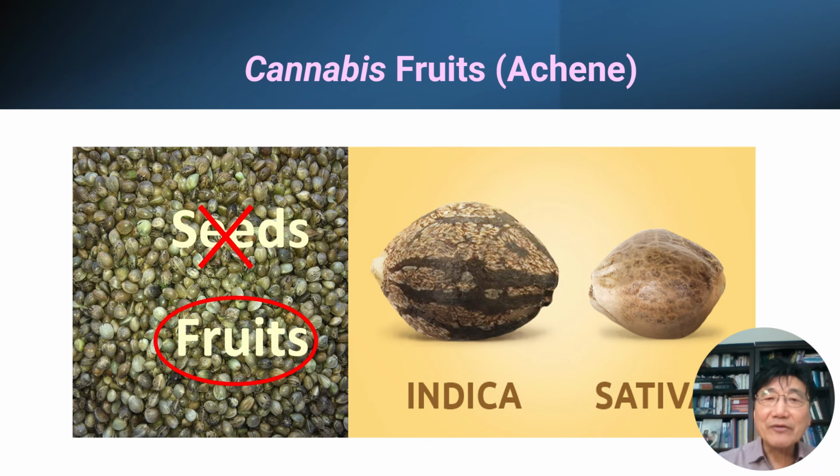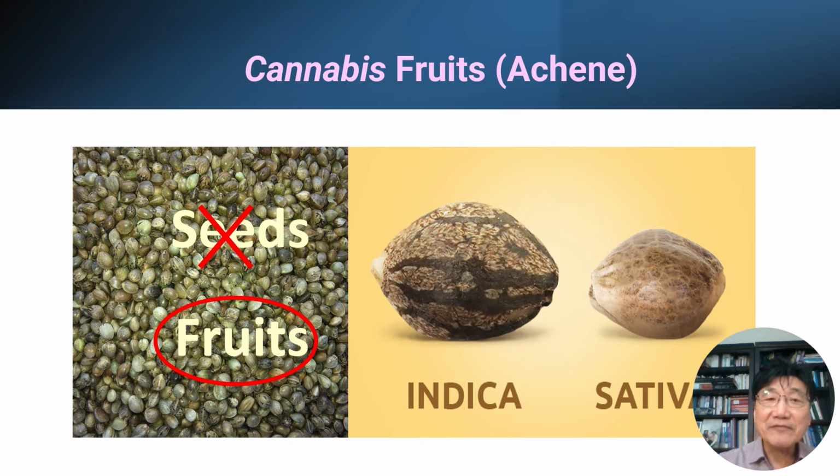Now we are more familiar with the new term achene in cannabis fruits. In other words, they are tiny nuts within shells or hulls that are developed on the female flowers of the cannabis plant. The cannabis seed is particularly nutritious and it has been an important food source.